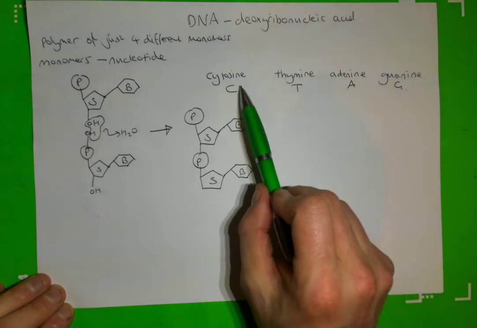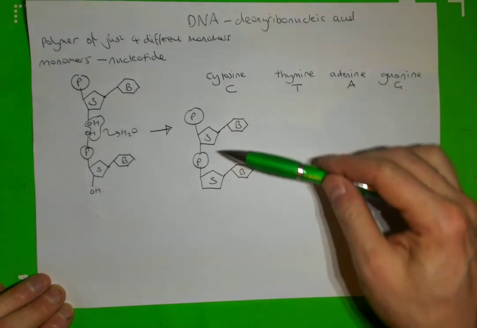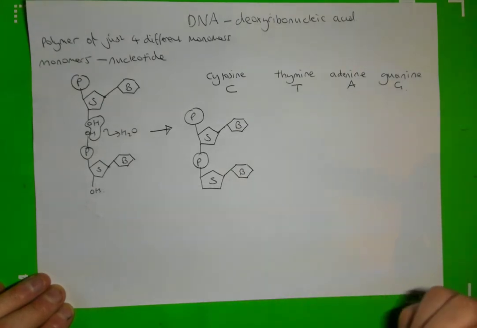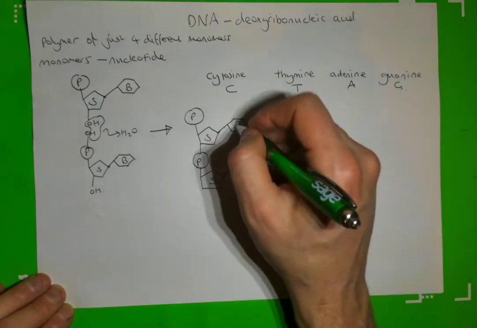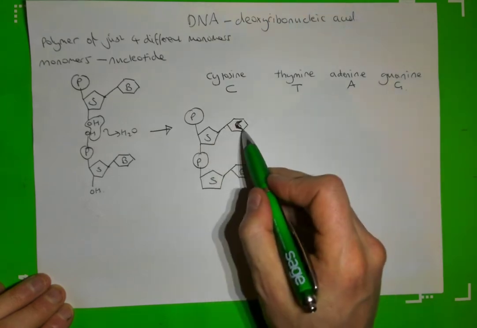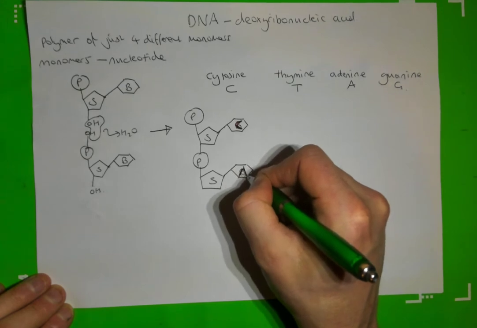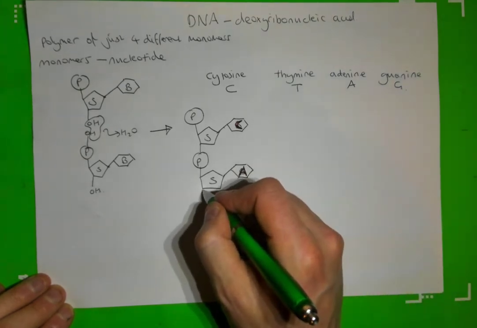And it's because we have 4 different base molecules that the structure of DNA becomes very unique to that particular organism. So, for example, if the base here was cytosine, we just change that to a C, rather than just a general base symbol. Let's say that was adenine, A, that base, then that might be attached to another nucleotide.